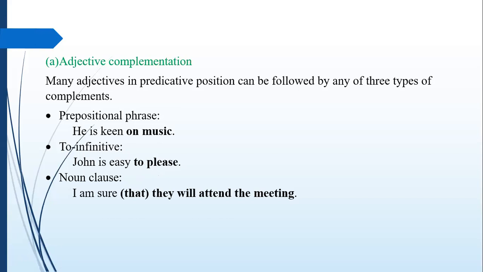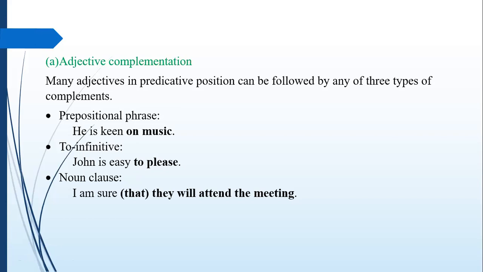To leave here is a to-infinitive used as a complement of the predicative adjective. Imagine if you say John is easy and you stop. Easy to what? To please, to anger, to what? It's ambiguous, so it needs a complement. The complement here could be a to-infinitive.